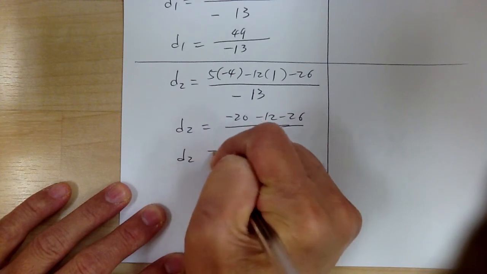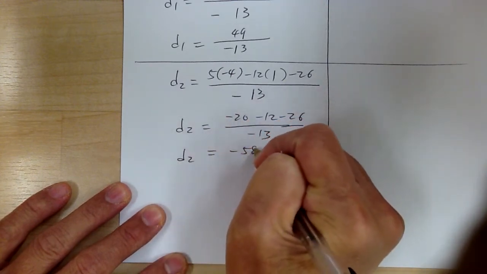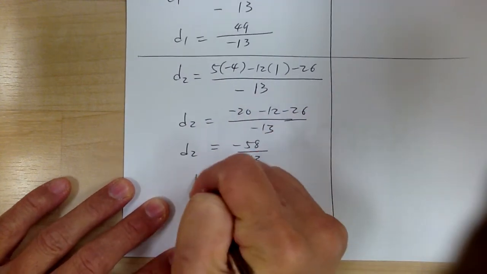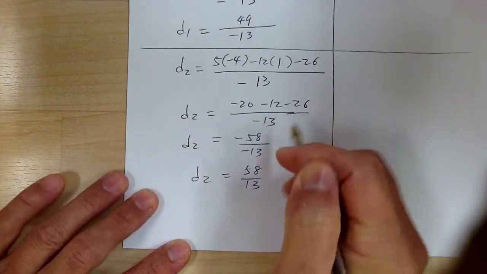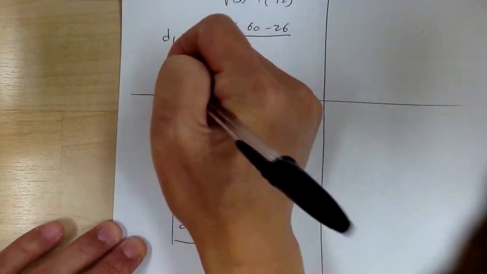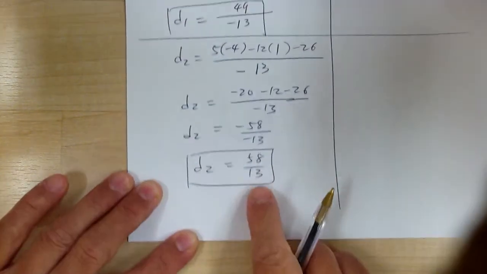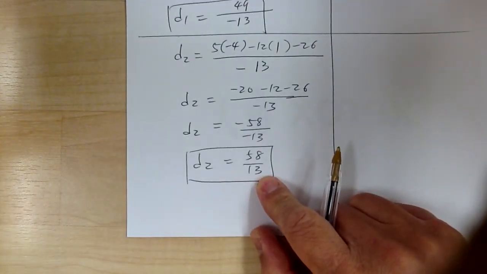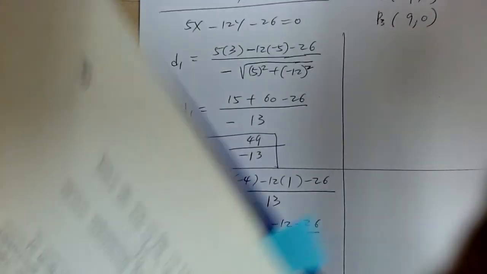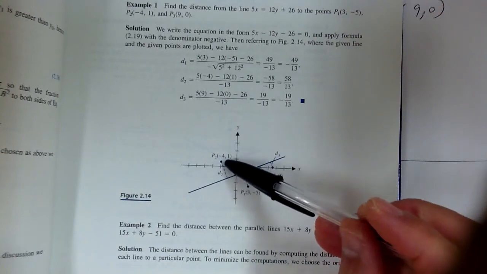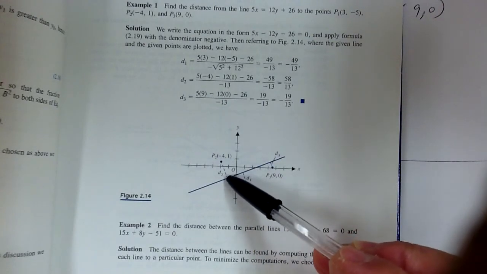So D2 equal to negative 58 over negative 13, so D2 equal to 58 over 13. Positive distance means the point is above the line. If you look at the picture, you can see the point is above the line, therefore the distance is positive.